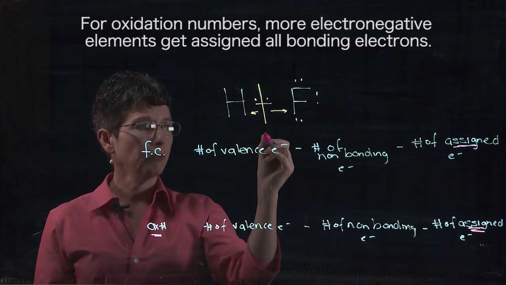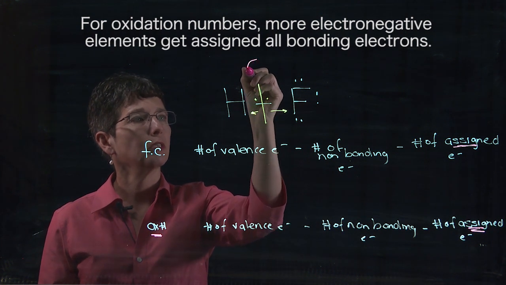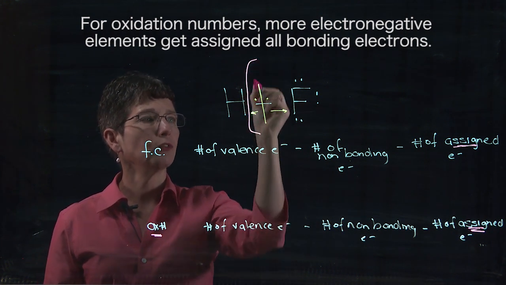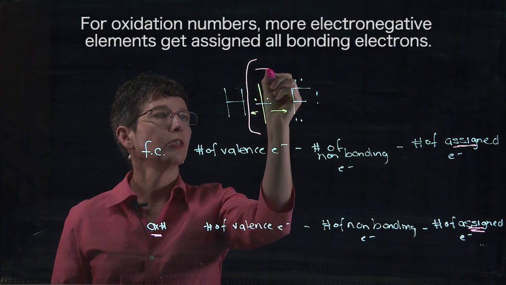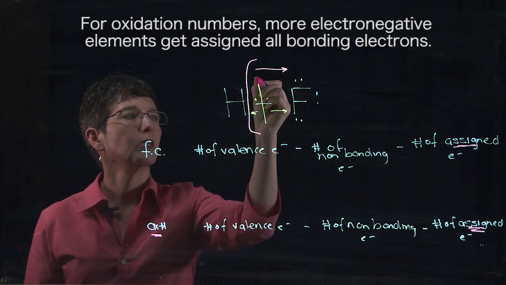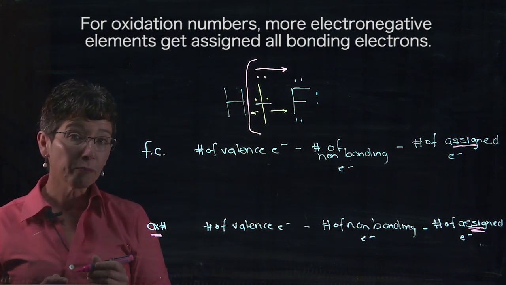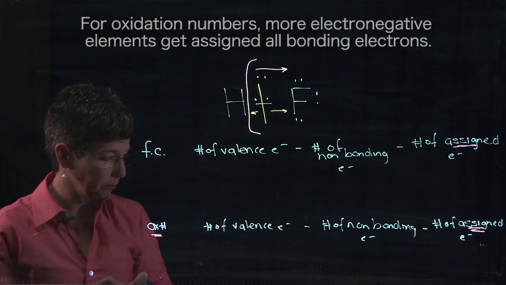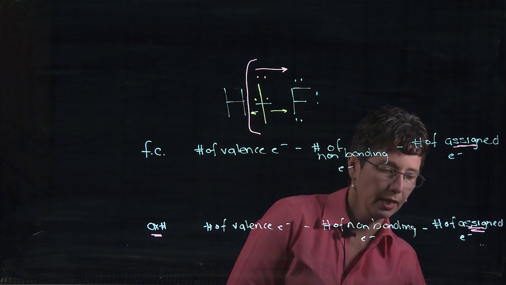So the green is for formal charge. The pink is for oxidation numbers. So when we assign electrons, when we're figuring out oxidation numbers, fluorine gets both of them and hydrogen gets none. So let's see how that would add up.